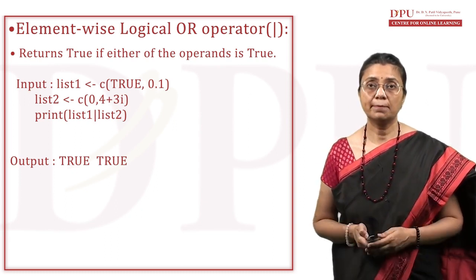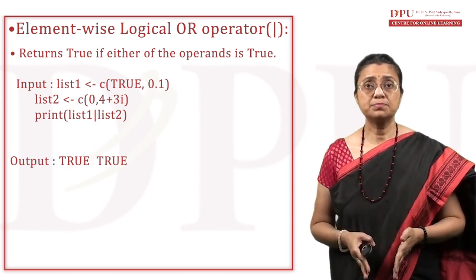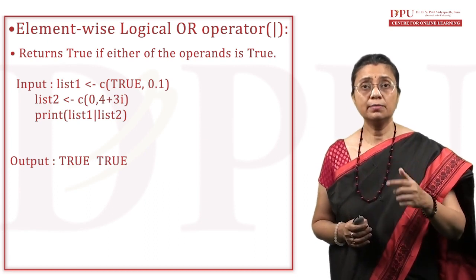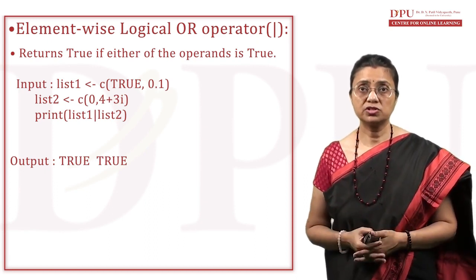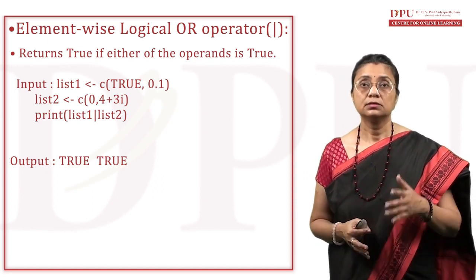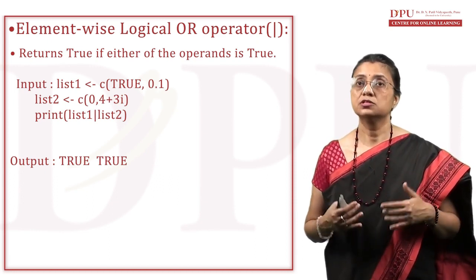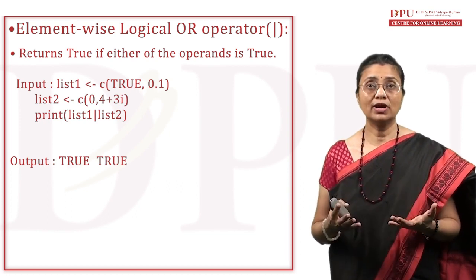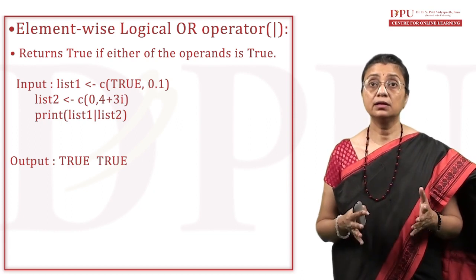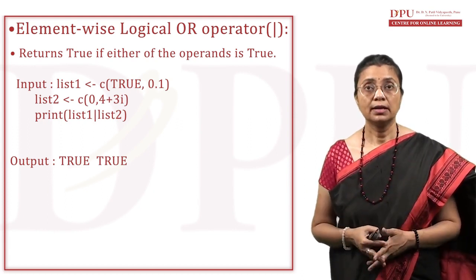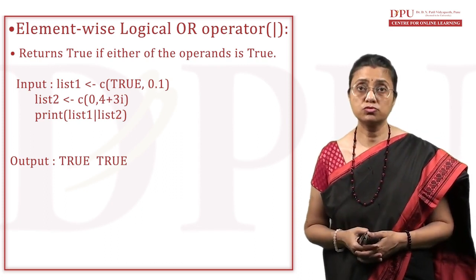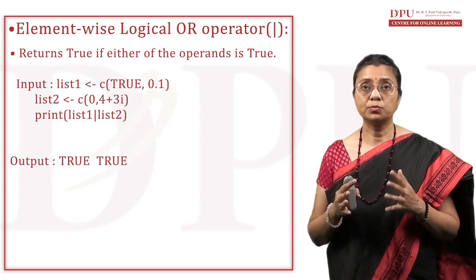We apply list 1, pipe symbol, list 2, and we are doing an element by element logical OR operation, and we see the result true. True and 0 will return true because either of the two values is true. True is true and 0 is false, but the final result is true. Likewise, 0.1 is true and 4 plus 3i is also true. So we have the output true.